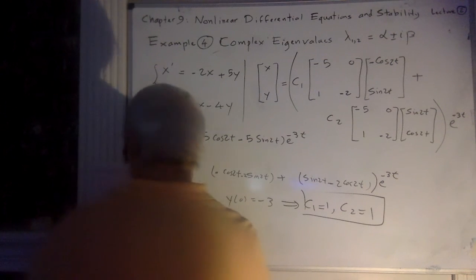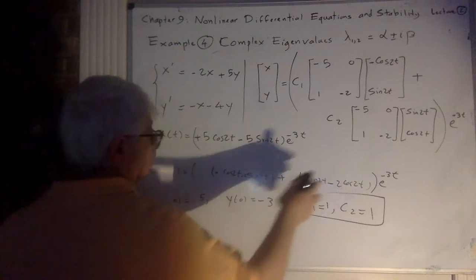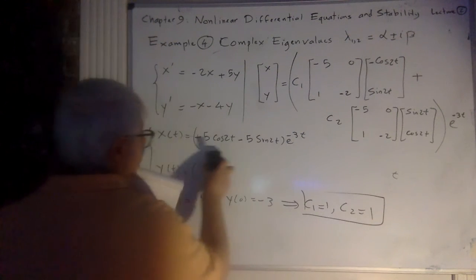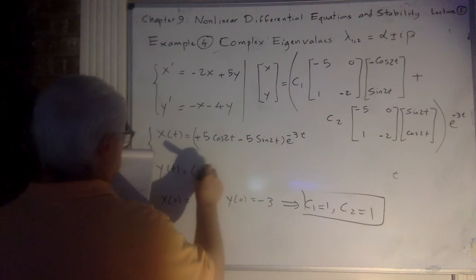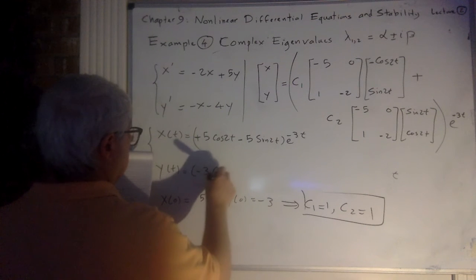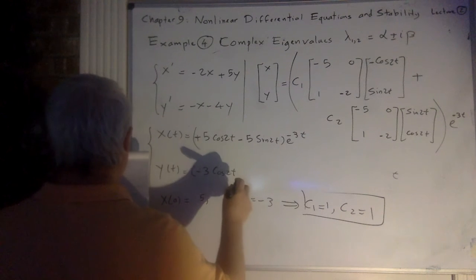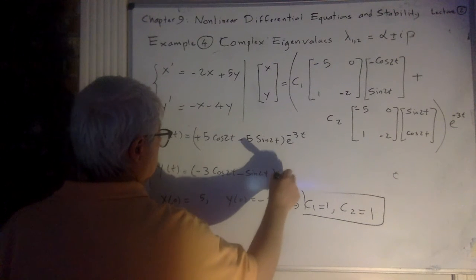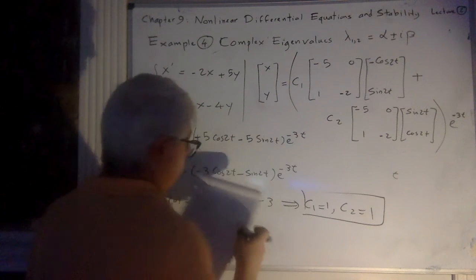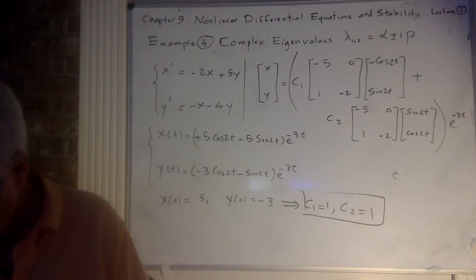And this one is simplified, and I got y(t) equals minus 3 cosine 2t minus sine 2t, times e to the power minus 3t. Okay.